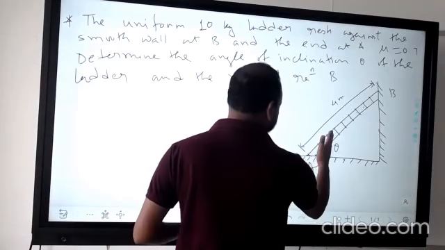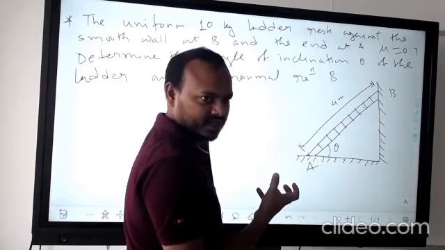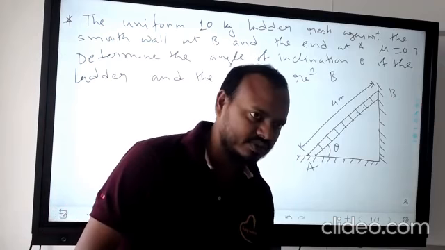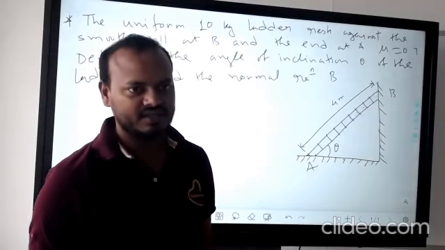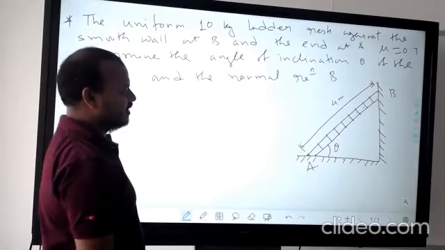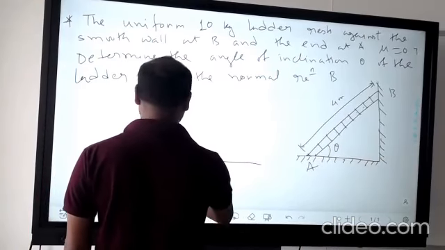If it is slipping this side, the surface will try to hold it because of friction. It will give some force to this plane because this angle is sliding. So you can draw its free-body diagram.